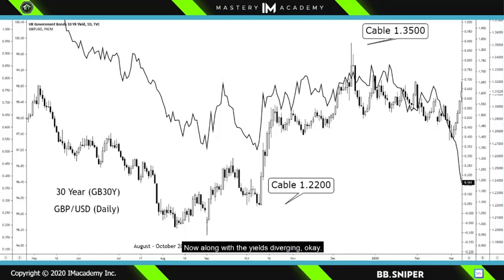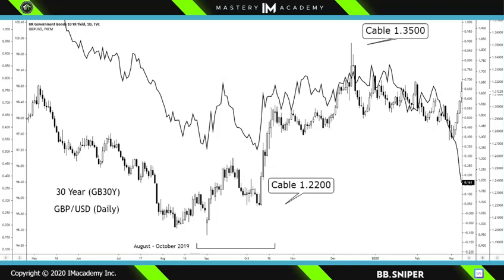Now, along with the yields diverging, that is one concept that we have. So we do need to add other smart money concepts. And since we are looking at GBP USD, we can look at the dollar index because they are also correlated to an extent.